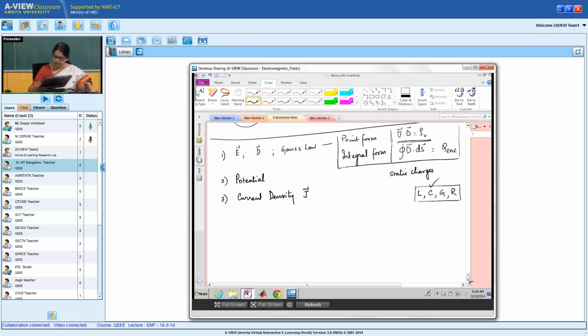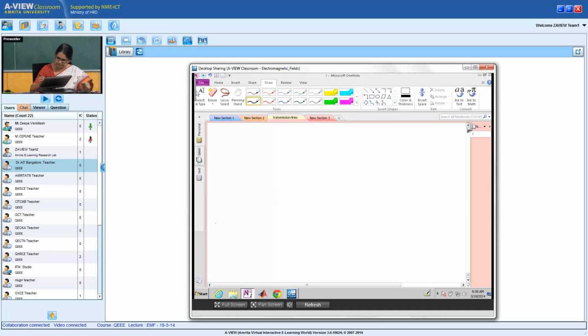So we go back to the example of a transmission line, where this is your inner conductor, you have the outer conductor, and let us say you are connecting the inner conductor to the outer conductor.